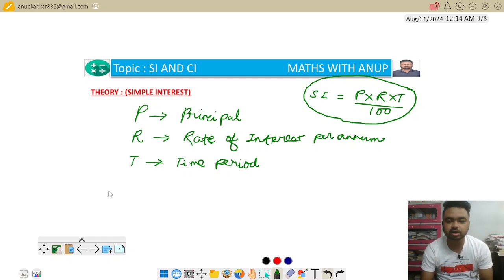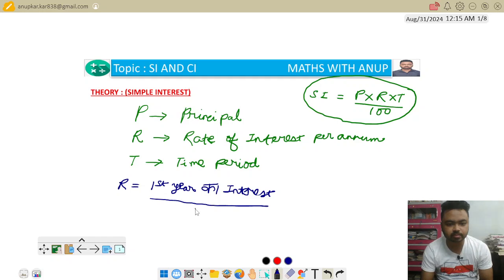The basic formula for rate is rate equal to first year का इंटरेस्ट बाय प्रिंसिपल इंटू 100. सो दिस इज द बेसिक फॉर्मूला फॉर रेट.